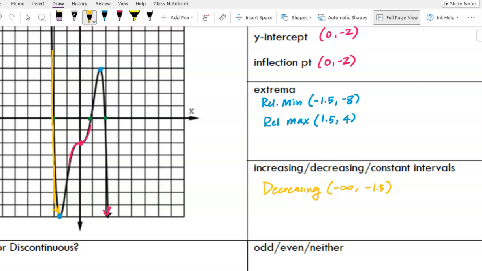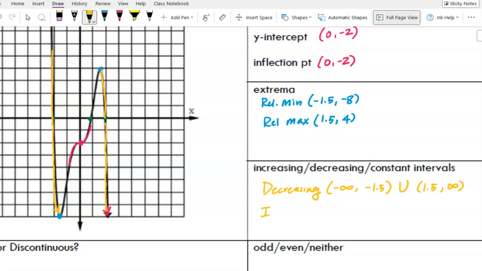And then another decreasing is from this relative max all the way to positive infinity, and that's going to be the union of 1.5 to positive infinity.